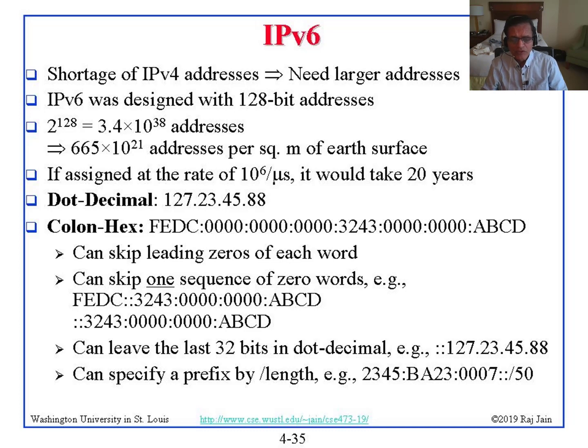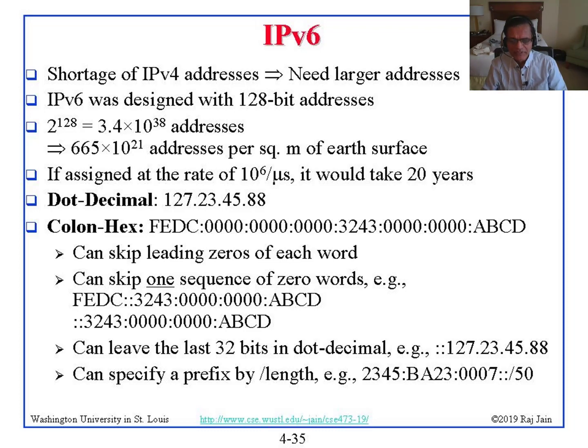Now, the problem with 128-bit is that you could not really write it in decimal format like we used to write before. The previous format for IPv4 was dot decimal. Dot decimal means that we have decimal numbers separated by dots. And dot is a decimal point, and therefore it indicates that these are decimal numbers. For IPv6, it was decided that we will have colon hex notation.